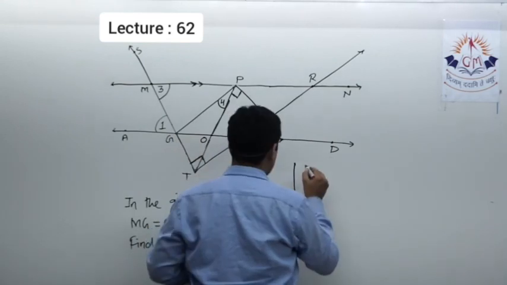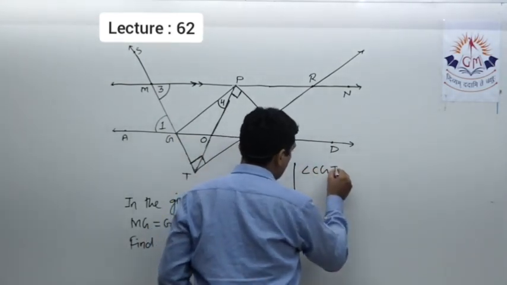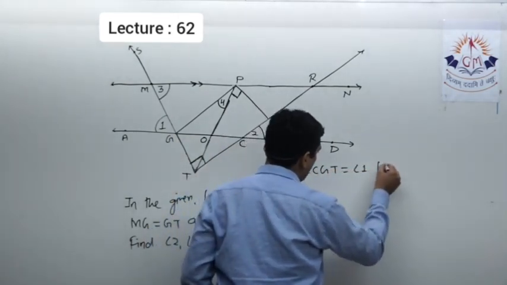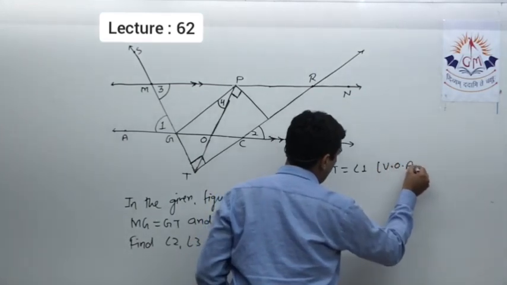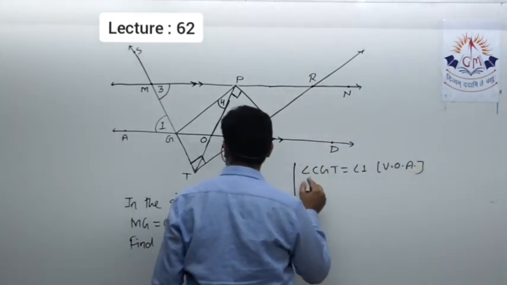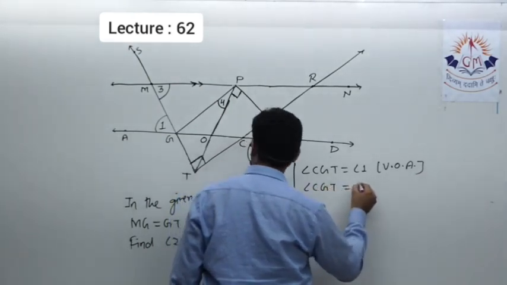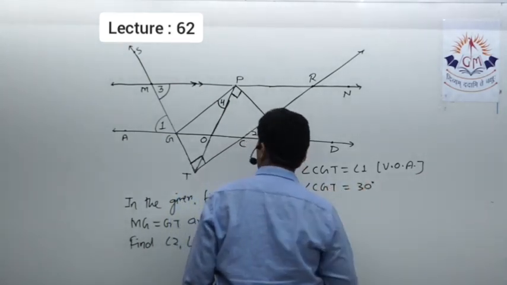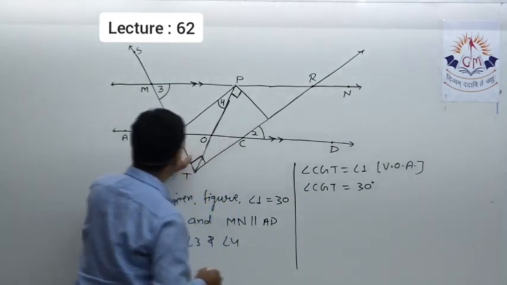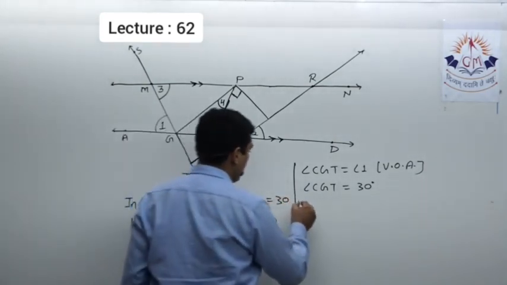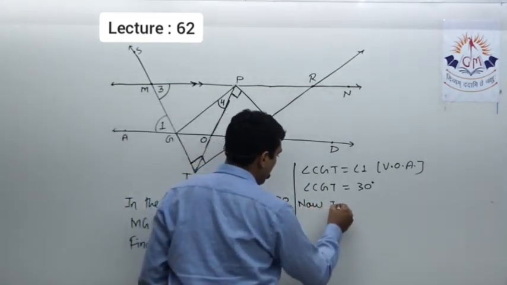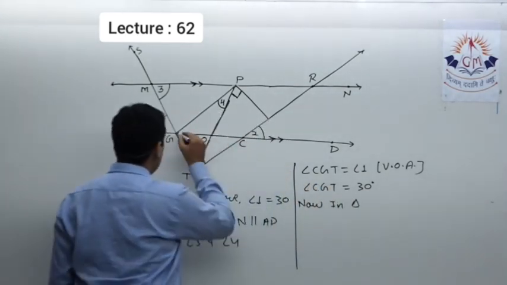Angle CGT is equal to angle 1, that is vertically opposite angle. So angle CGT is equal to 30 degrees. Okay, so here we got this is 30 degrees.